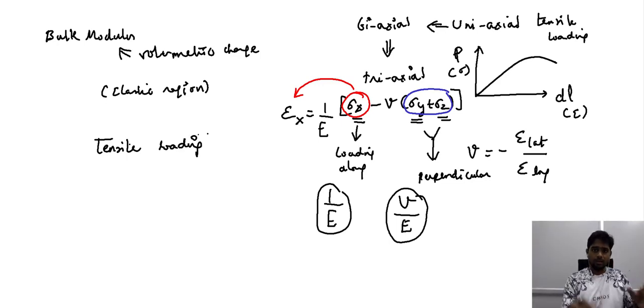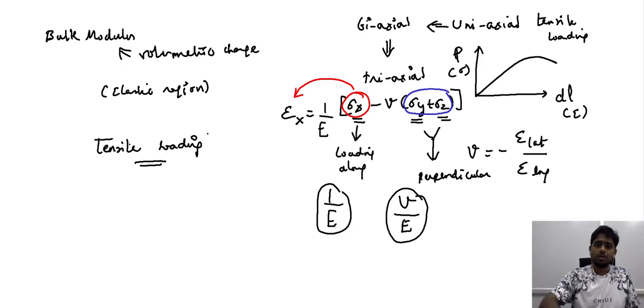So the different conditions that we have considered thus far, and the different ways the response offered by the material varies with these conditions, even though one is different from another, principally the nature of the condition remains the same, that all these conditions we have been considering thus far are tensile loading.